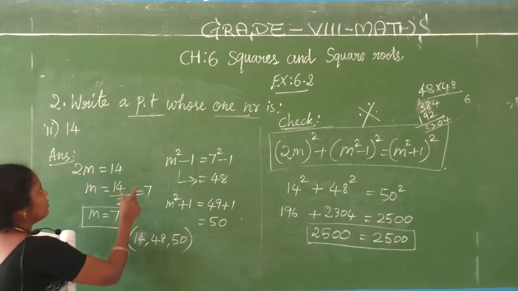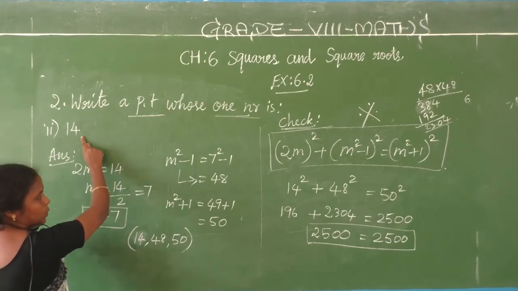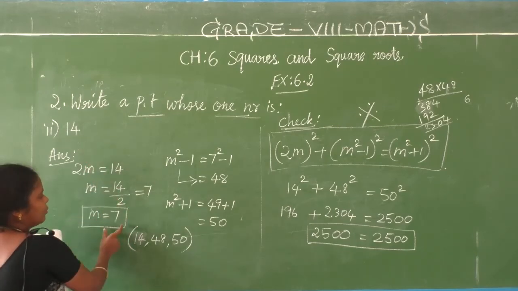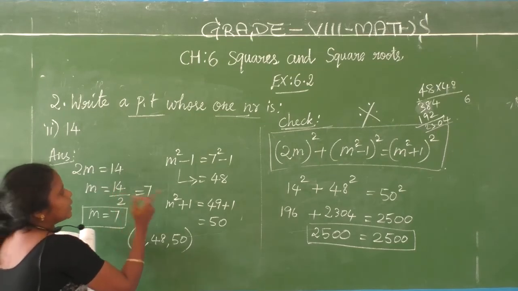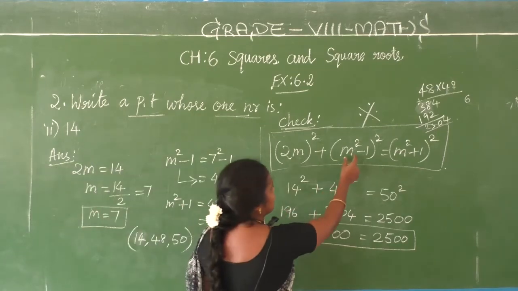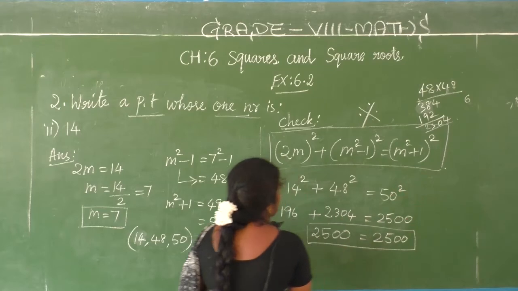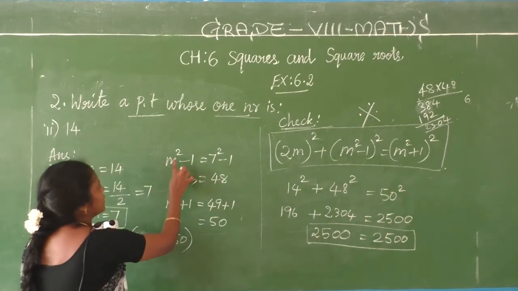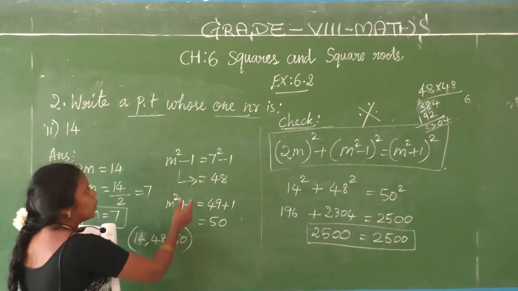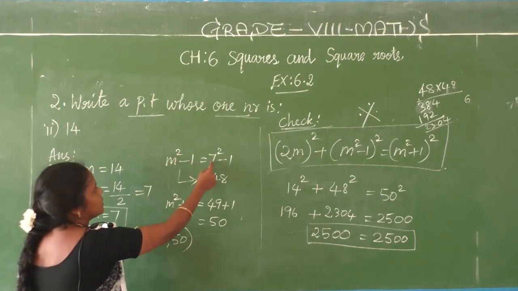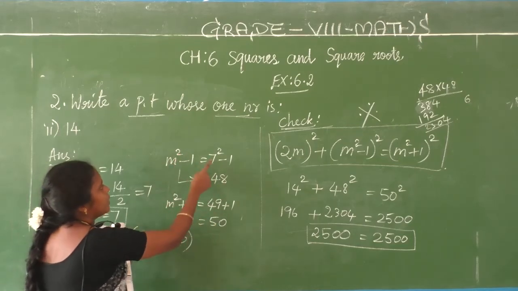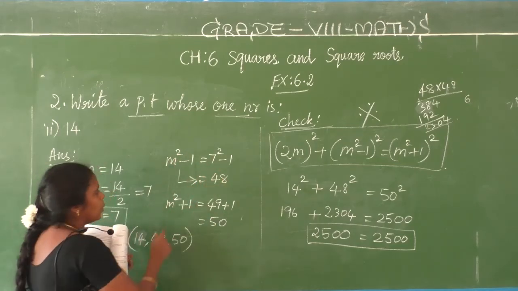So first of all, using the given clue, that means the given number, we have to find out the value of m. Then the remaining two terms are m square minus 1 and m square plus 1. Here the m value is 7, so 7 square is 49. 49 minus 1 is 48.